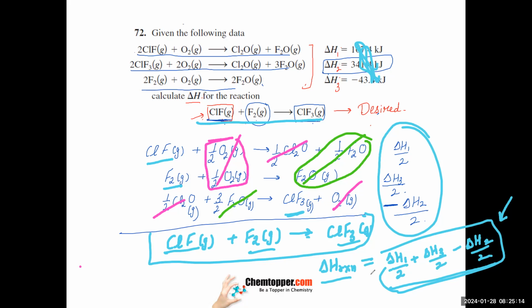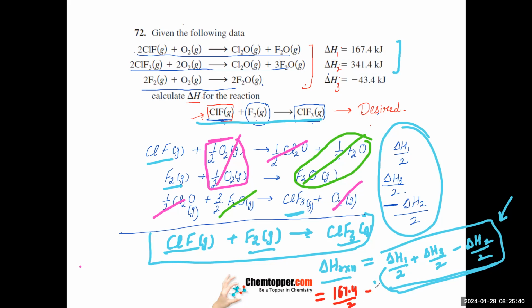So what's the answer? Plug in the values in this final equation and you'll get the answer. Delta H1 is, and then you can decide whether the reaction is exothermic or endothermic.